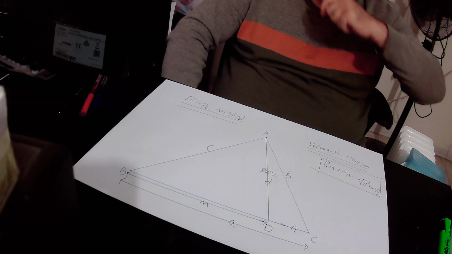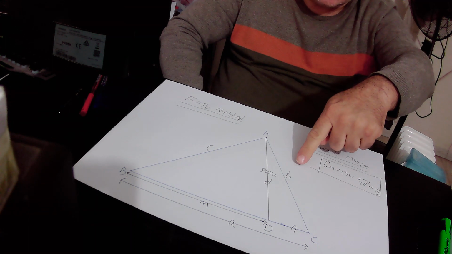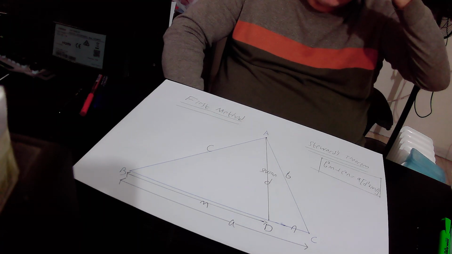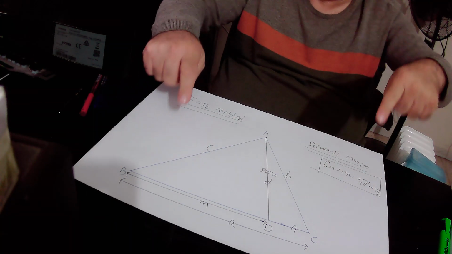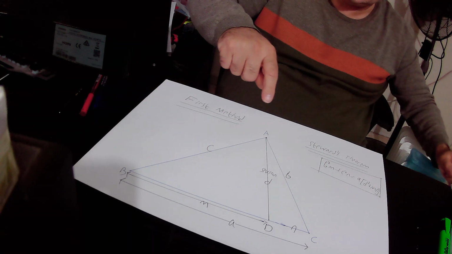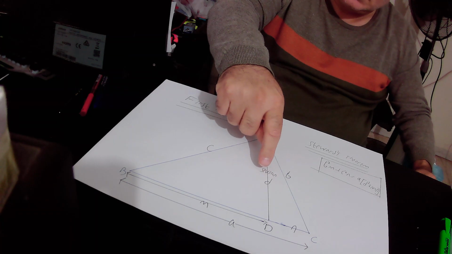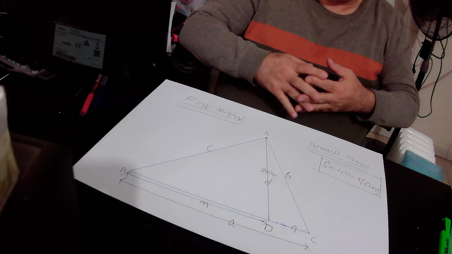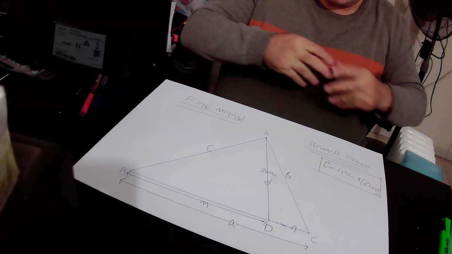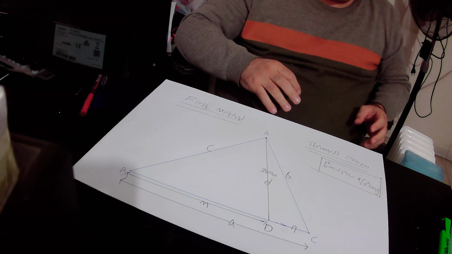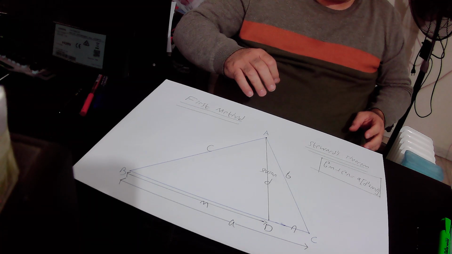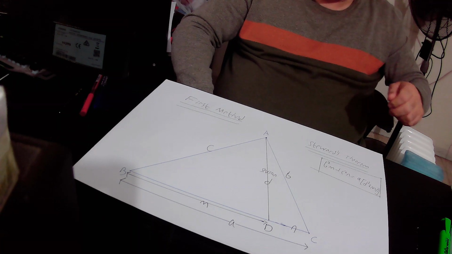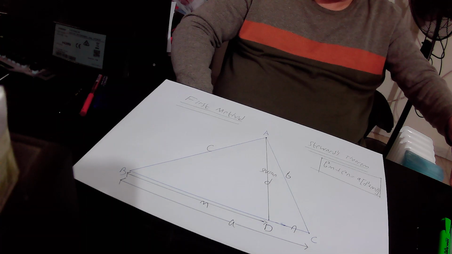According to Stewart's theorem, b squared times m plus c squared times n equals a, here we open brackets, inside the brackets we have d squared plus m times n. Okay? And we prove that this equation is true in two different methods. We start with the first method.